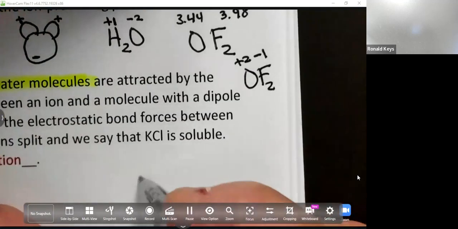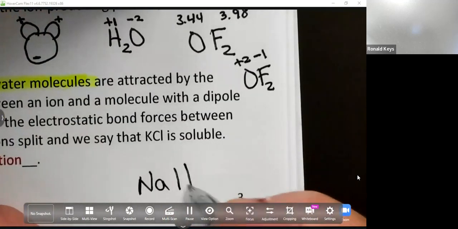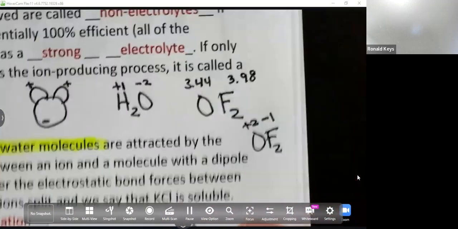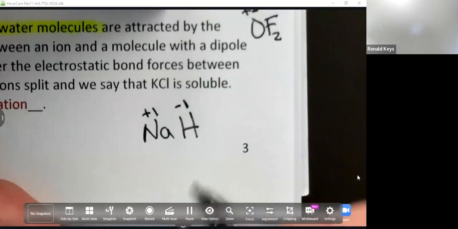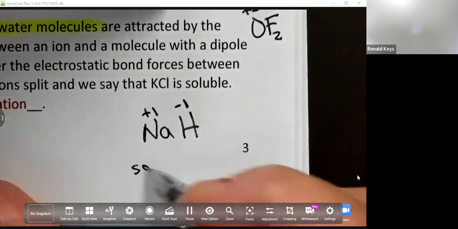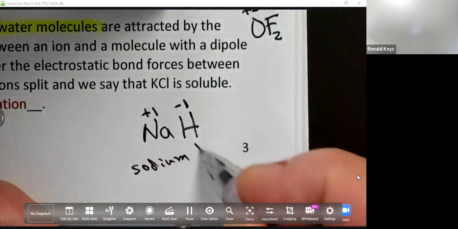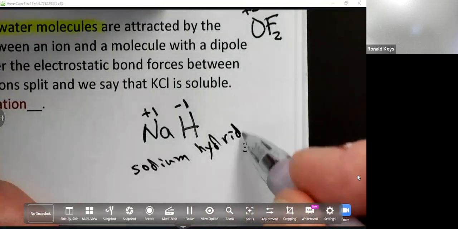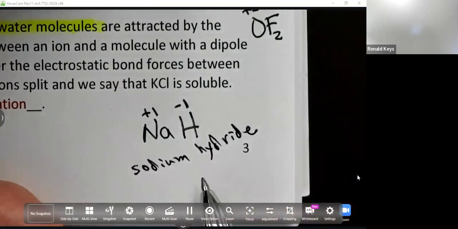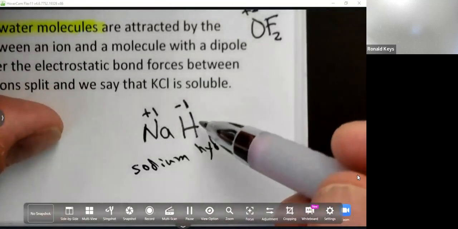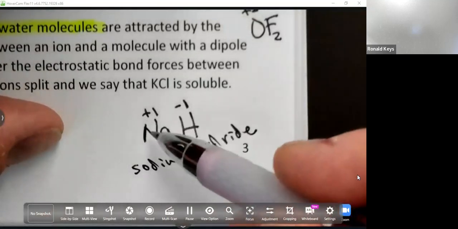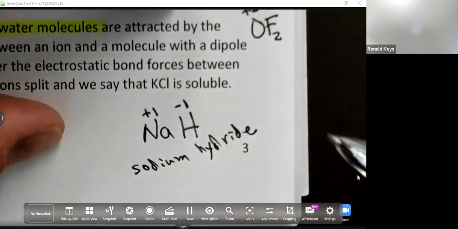It also explains this. +1 and -1. This is sodium hydride. Why do we assign hydride a -1? It's pulling the electrons away from the +1.